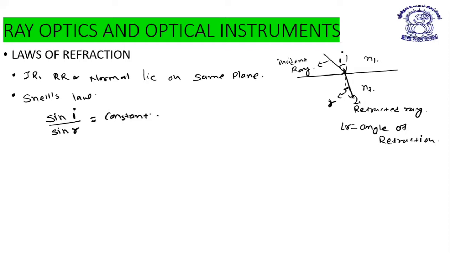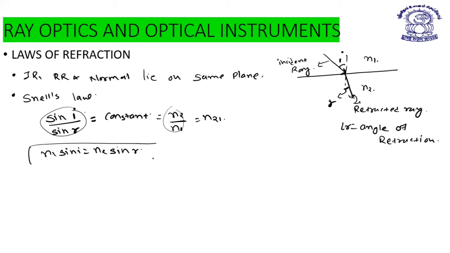This constant is given by the refractive index of medium 2 with respect to medium 1, n21. Cross multiplying this, we can find n1 sin i equals n2 sin r. n1 is the refractive index of the medium from which the light ray is incident, and n2 is the refractive index of the medium in which the light is refracted.